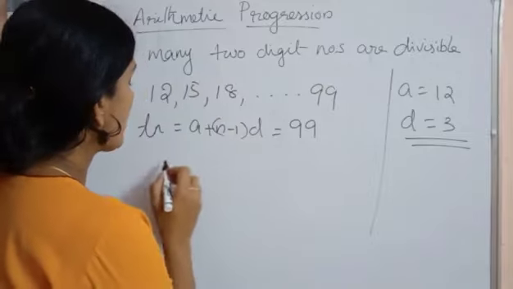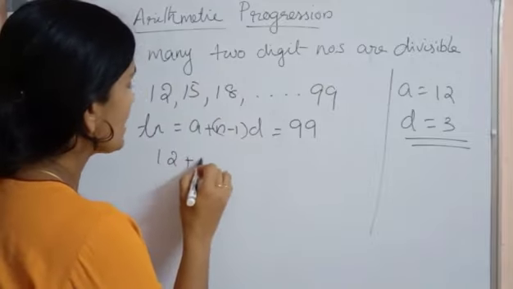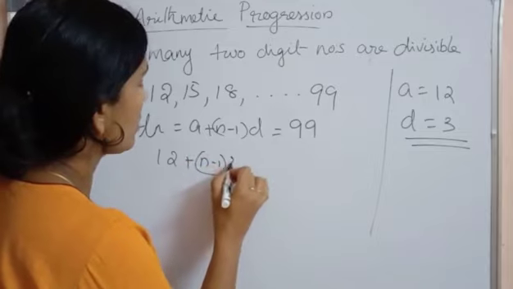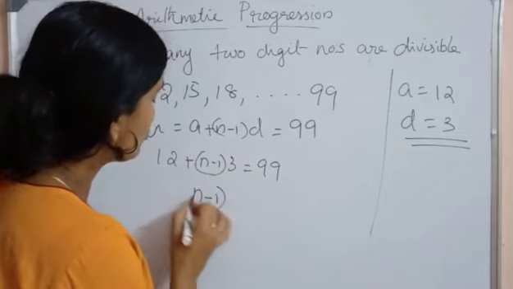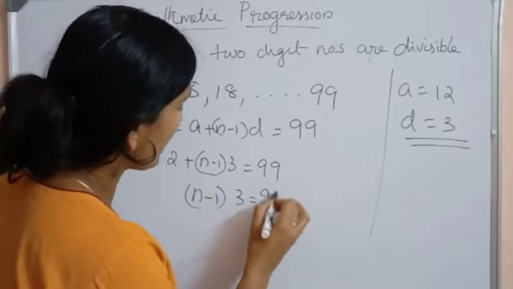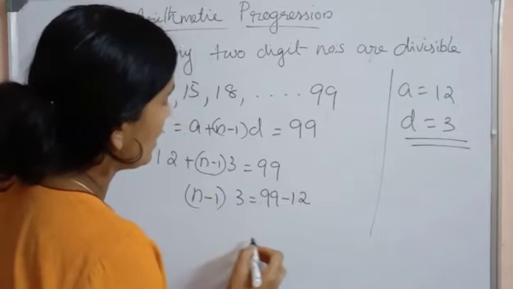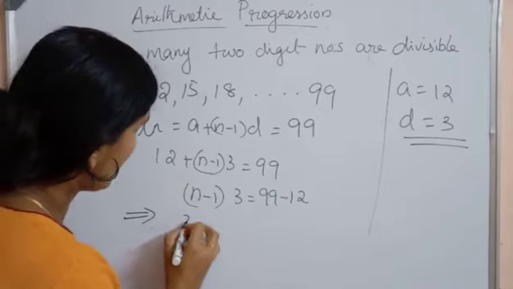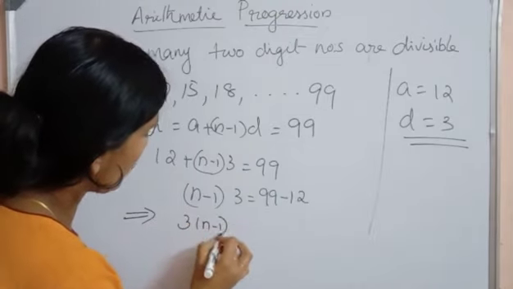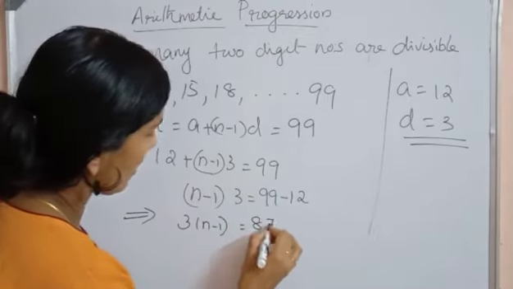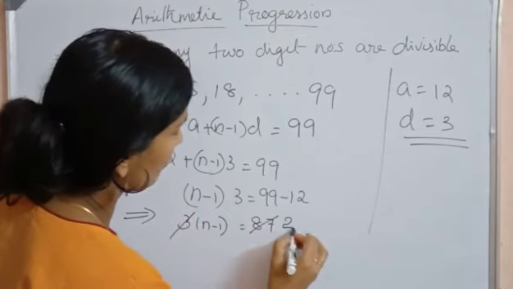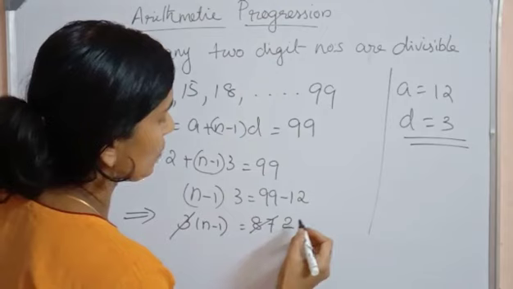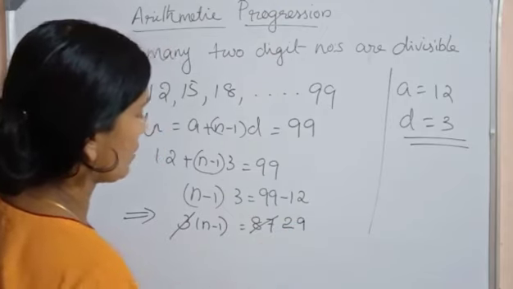Substituting, you get 12 plus n minus 1 into 3 is equal to 99. So n minus 1 into 3 is equal to 99 minus 12, and this implies 3 into n minus 1 is equal to 87. Cancel with 3: 3 9s are 27, so you get 29.